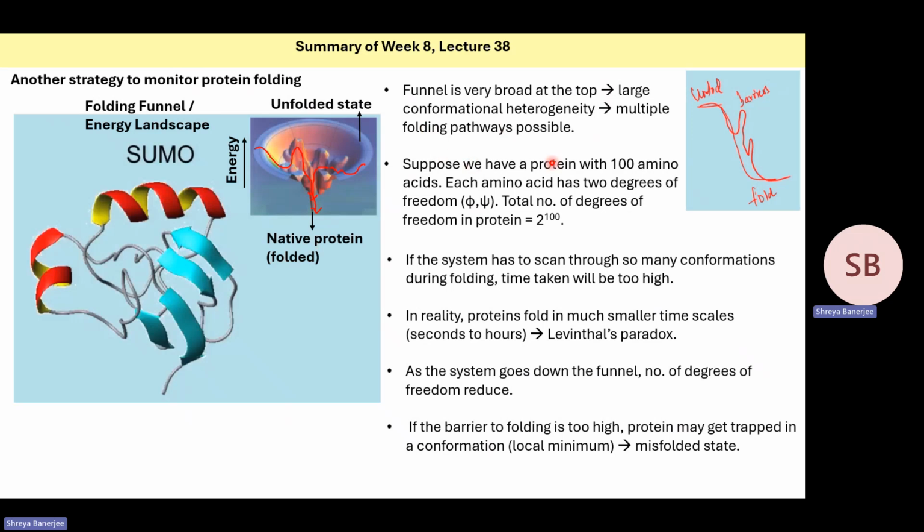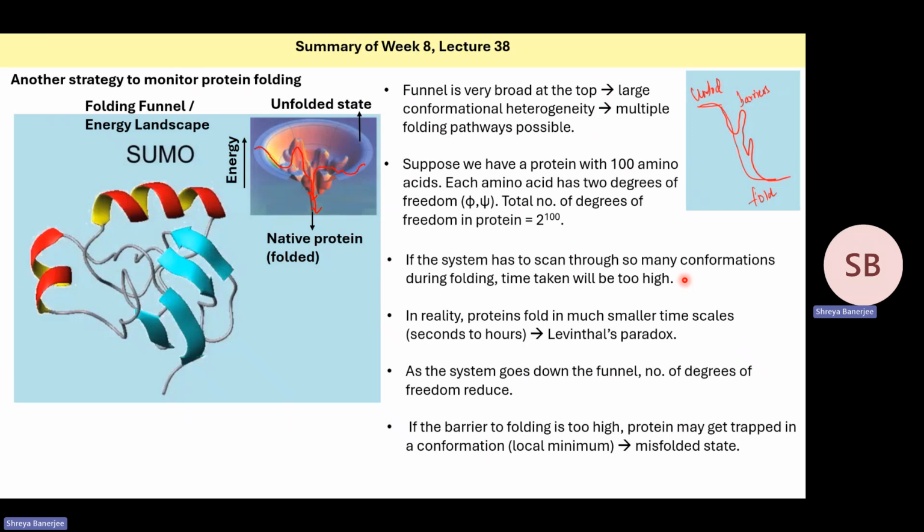Now, suppose we have a protein with 100 amino acids. Each amino acid has 2 degrees of freedom, the phi and chi angles, which we have already discussed before. So the total number of conformations for a protein of 100 amino acids is 2 to the power 100. Suppose the system has to scan through so many degrees of freedom in order to find the lowest energy conformation, then the time is too high.